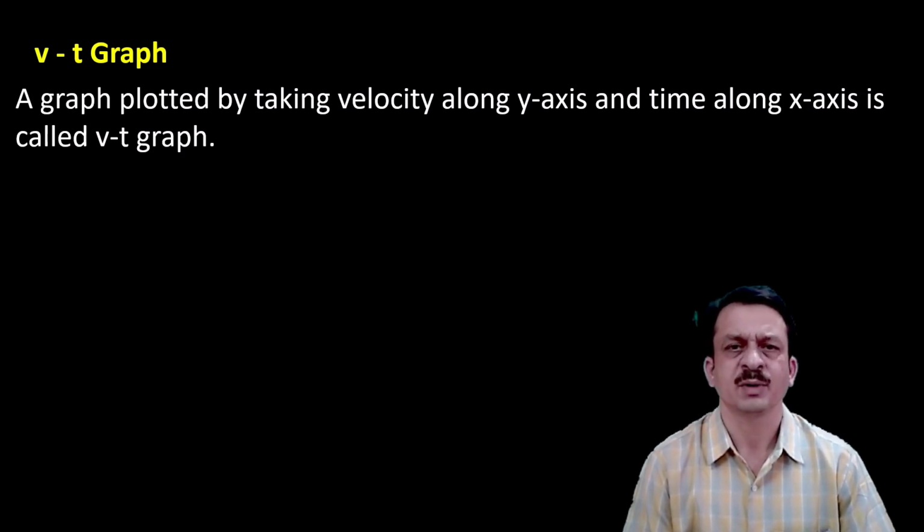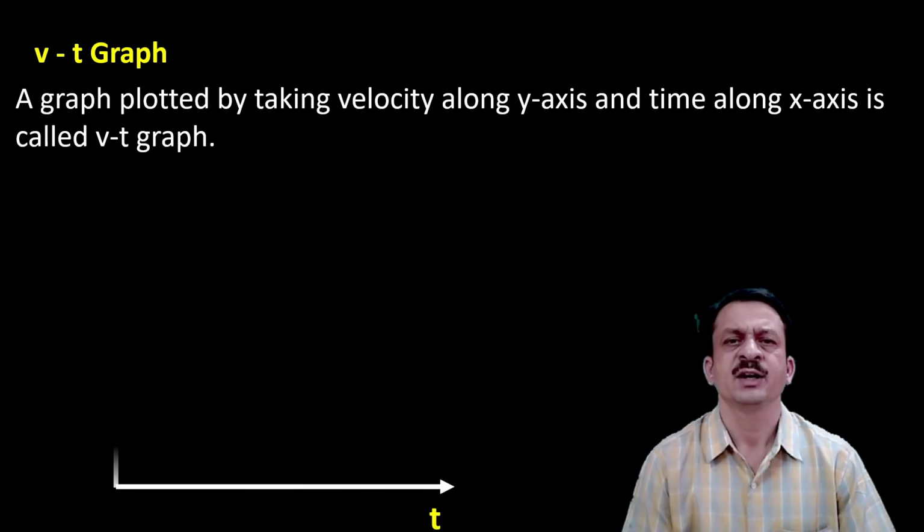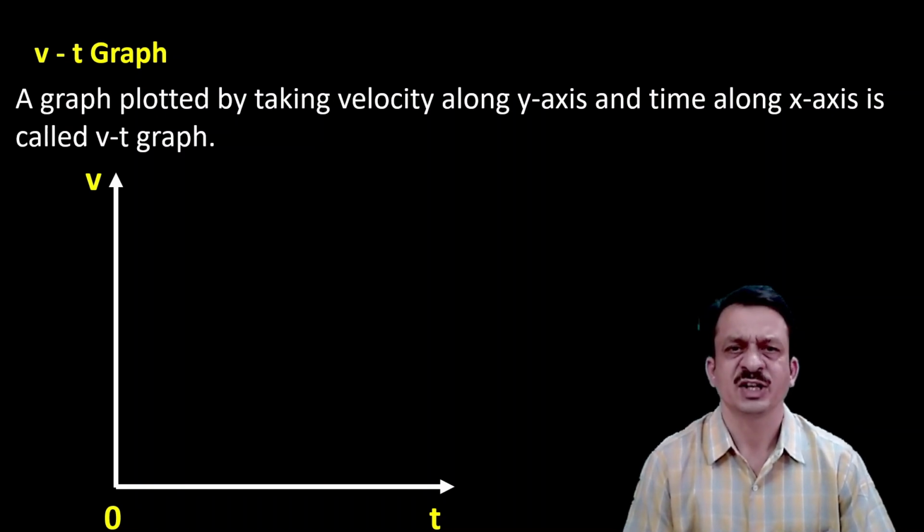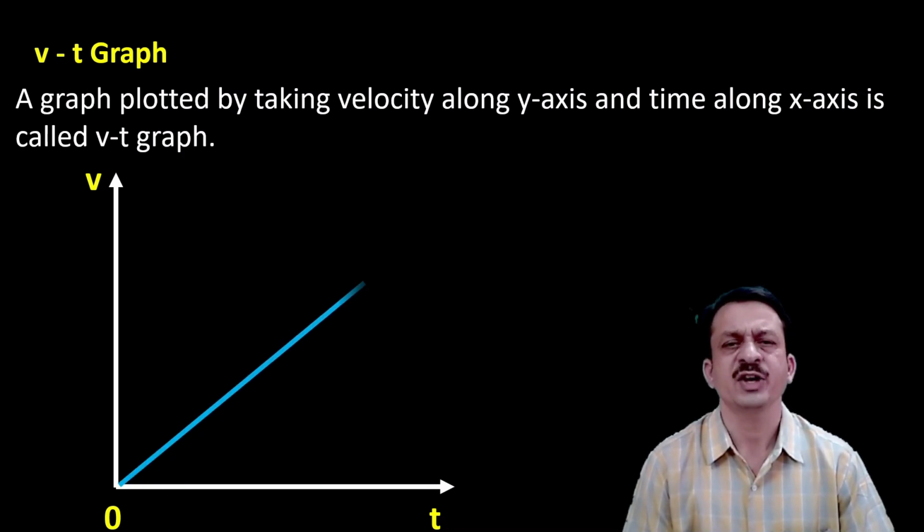Let me look at one example. Here we are taking time along the x-axis and velocity along the y-axis. Time is measured in seconds and velocity in meter per second. The intersection of these two axes is the origin O. Now let me choose an object moving with constant acceleration. In that case, the graph becomes a straight line, as shown in the diagram with the blue line.